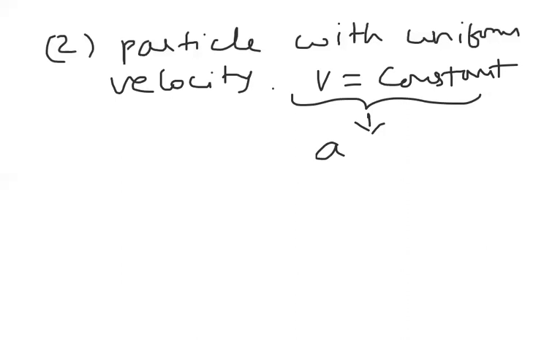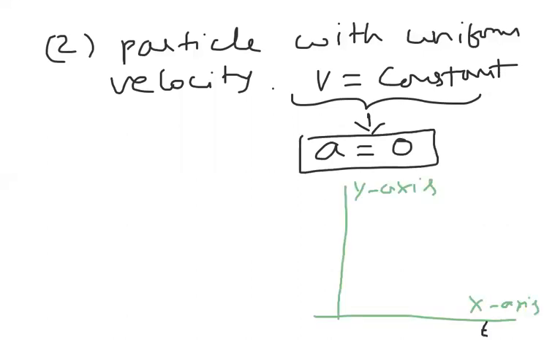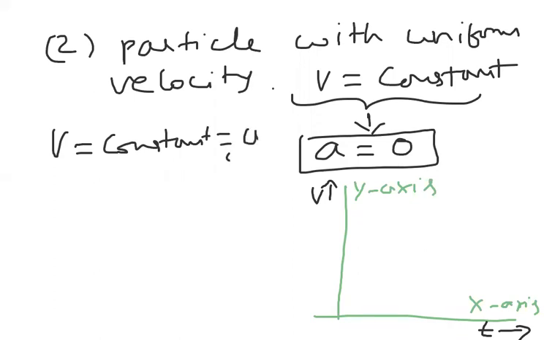Here this is the y-axis and this is the x-axis. On the x-axis we are taking time, and velocity we are taking on the y-axis. Suppose the velocity value is constant. Let us say the velocity is u initially, and that value we are taking as constant.